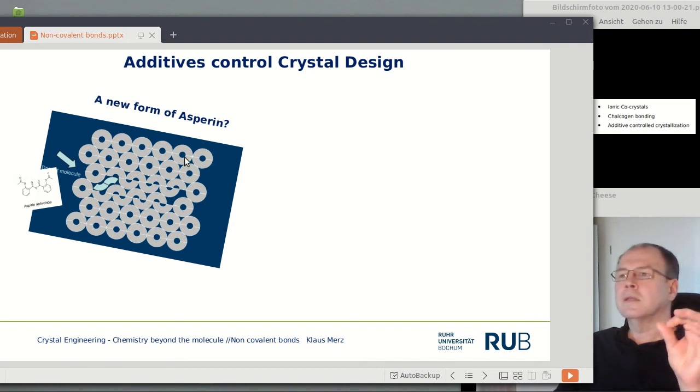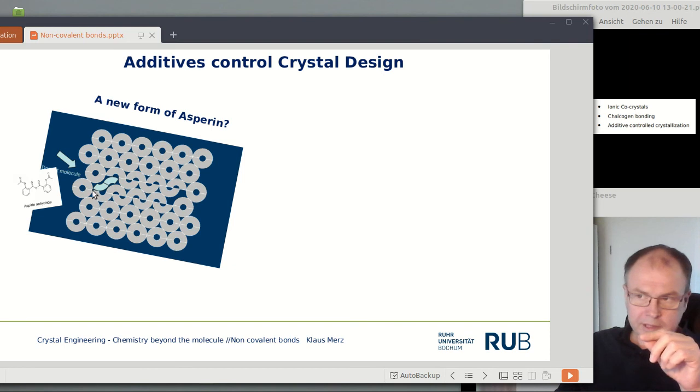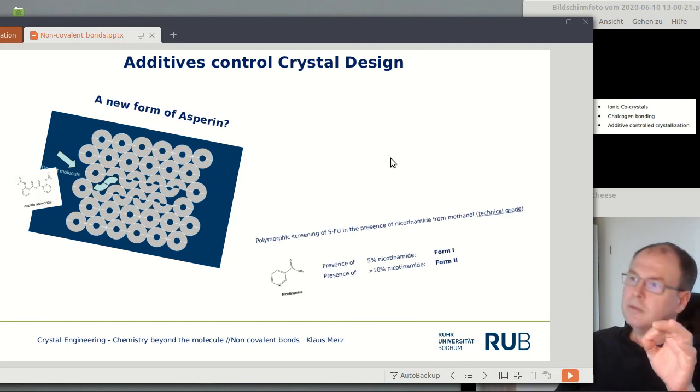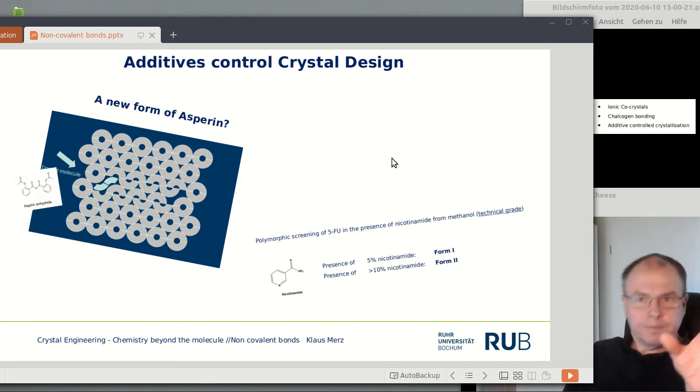This was the crystal structure, exactly the picture I have shown you, and we have seen that in this hole is a deposit and dopant, aspirin anhydride. And I have shown you how you can control polymorphic behavior by adding an additive in the solution.